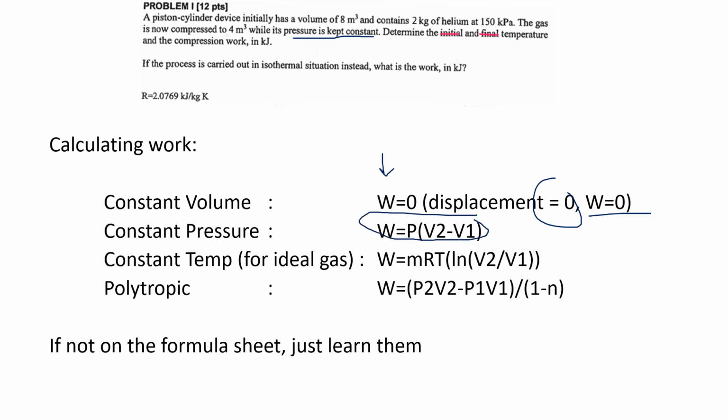The work is only dependent on the pressure and the volume. We have constant temperature, which is what we'll use for the second work question. And then there's polytropic, which I won't go into really. These may be on your formula sheet if you're lucky. If not, just learn them. They're very useful.